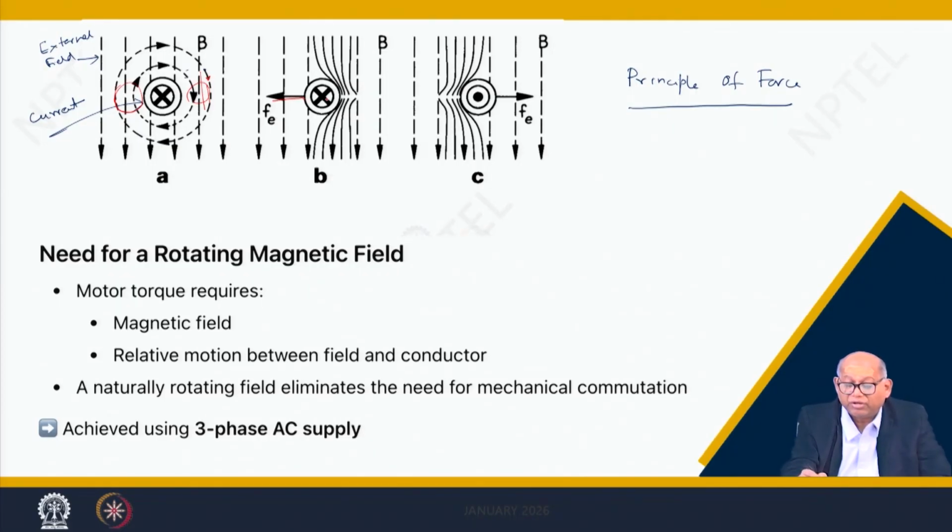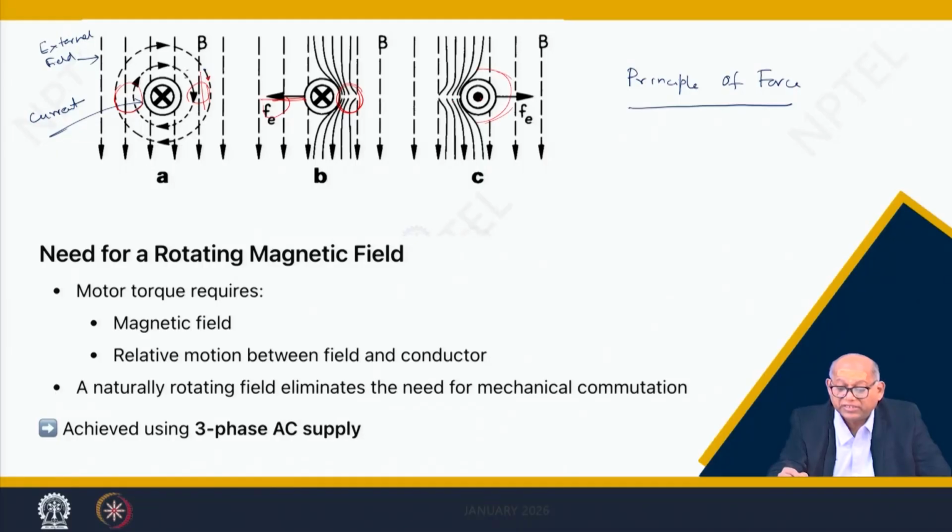So, the force will be in this direction, because on this side the field becomes strong, this side weak. As a result of the potential balance, this conductor will be pushed here, and just opposite, if this is current coming out of the paper, dot means coming out, cross means going in. In this case, if you plot the lines of force, it will be opposite.